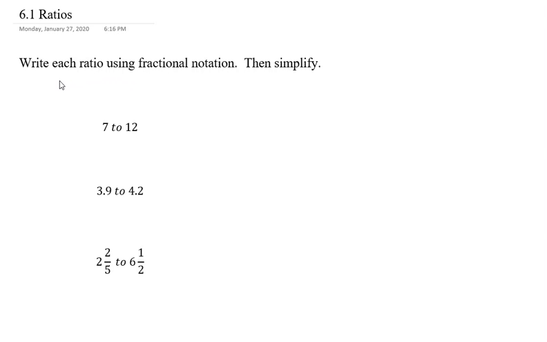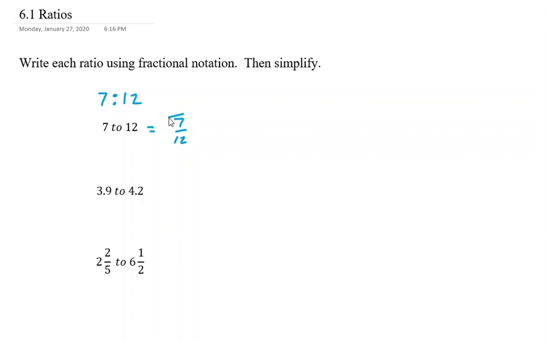A ratio is just a comparison of two amounts, two things compared together. So 7 to 2, that's just a ratio. We can write 7 to 2 as 7 colon 2, or we can write it as 7 over... I said 2, didn't I?